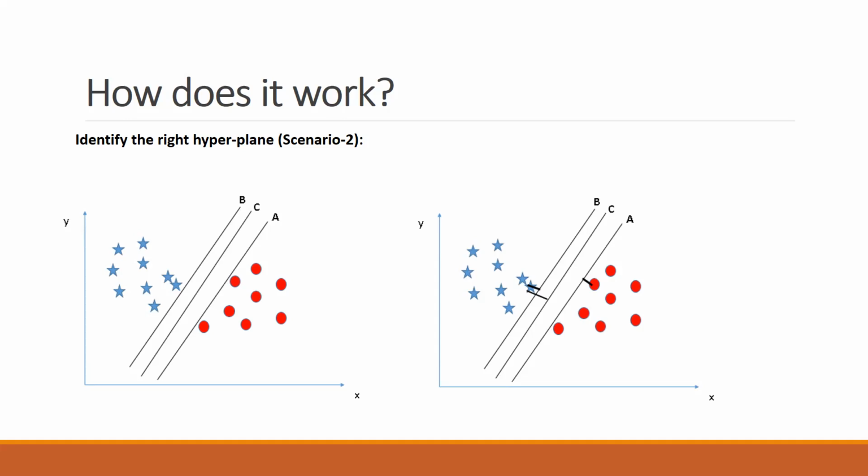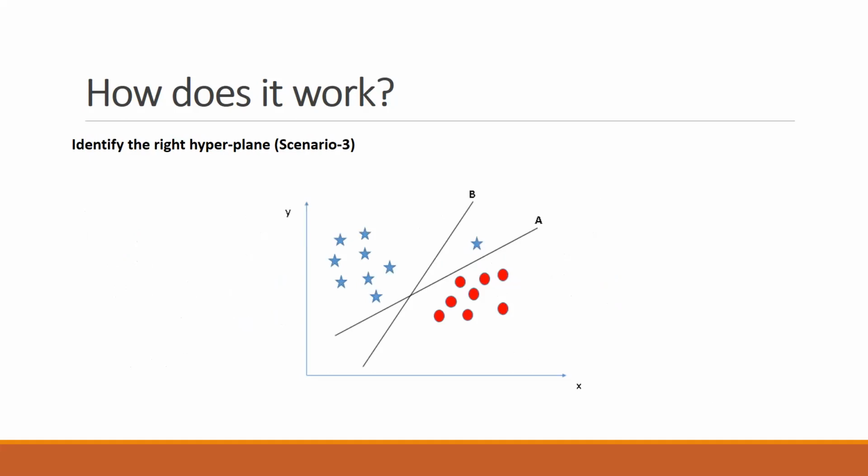Look at the second graph on your right. You can see that the margin for hyperplane C is high compared to both A and B. Hence, we name the right hyperplane as C. Another reason for selecting the hyperplane with the higher margin is robustness. If we select the hyperplane having low margin, then there's a high chance of misclassification.